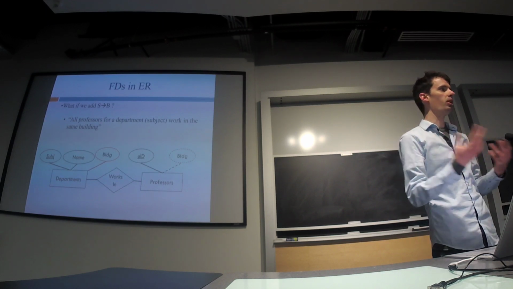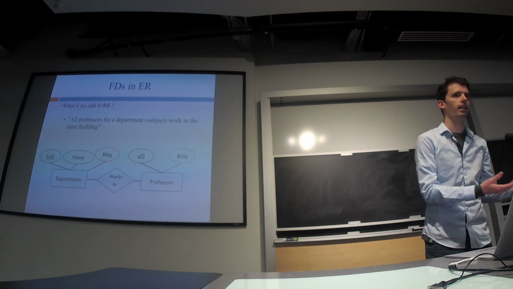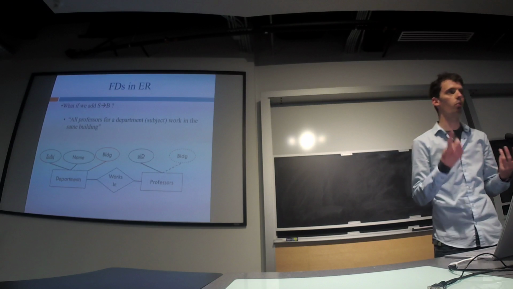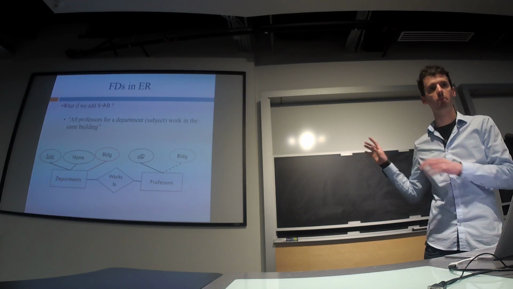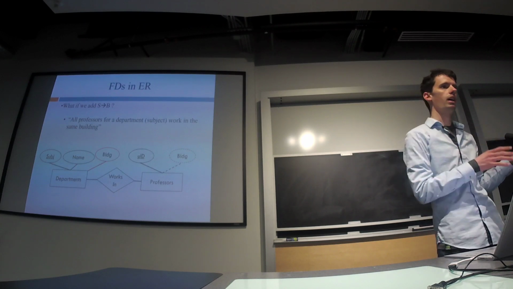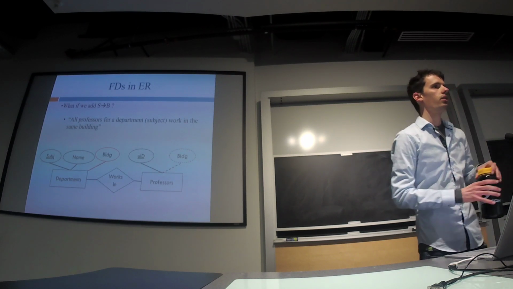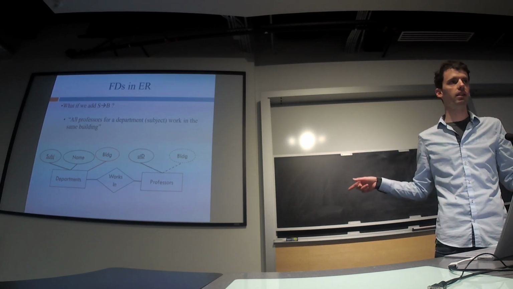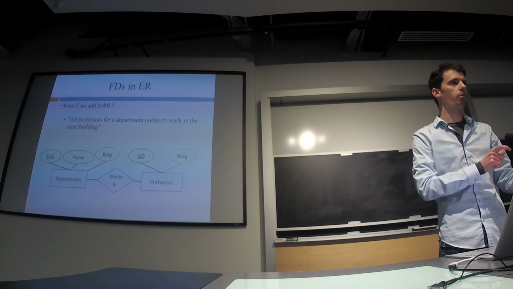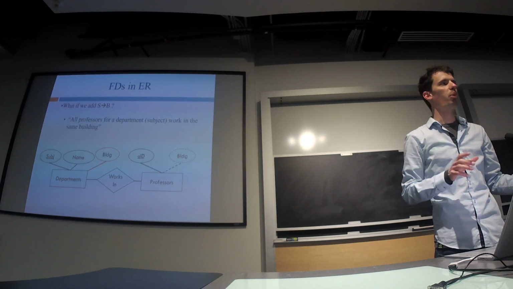If instead you put the building on the department, then there's one record of that, and if you change buildings, you change it in one place, and then magically every professor has changed buildings. So you don't always use decomposition. I didn't have to make a new entity set. I just moved an attribute to another one.